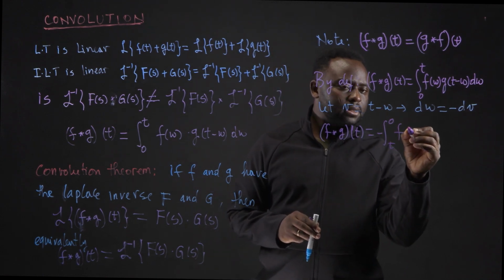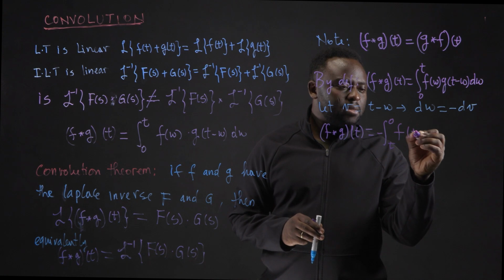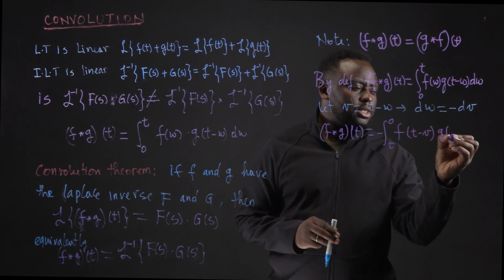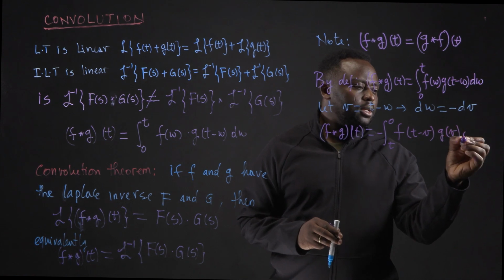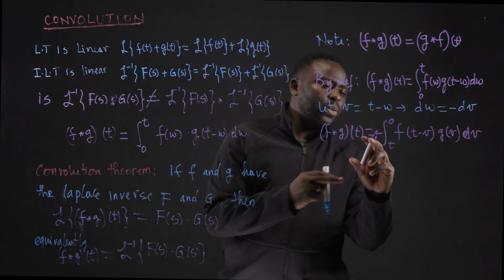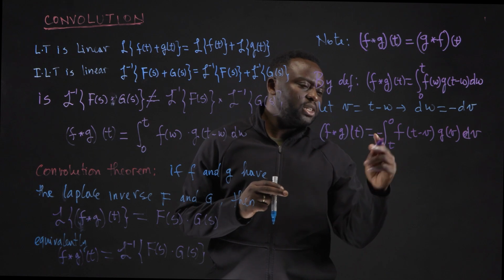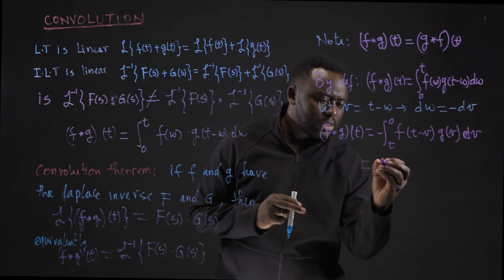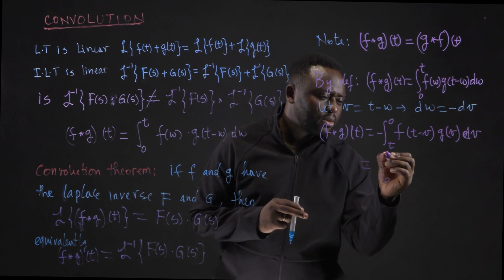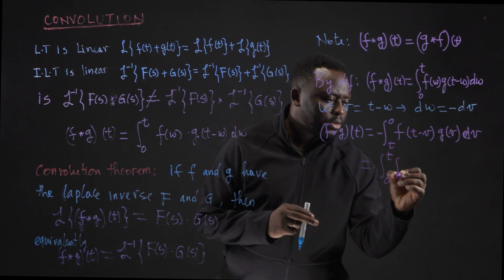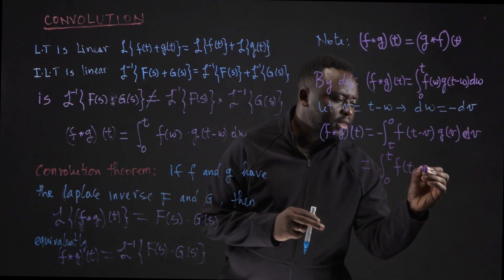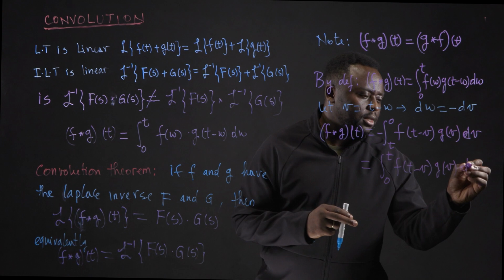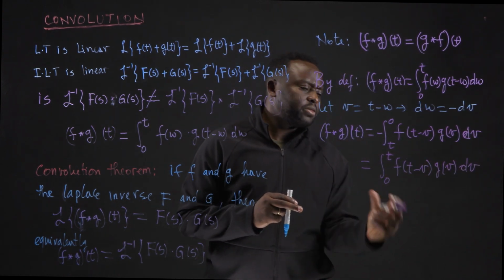Omega here is t minus v, and the function g of v dv. Alright, here with the negative sign, we can change the limits in the following way. The negative sign and the limits will just swap, and this becomes the integral from 0 to t of the function f of t minus v times g of v dv.